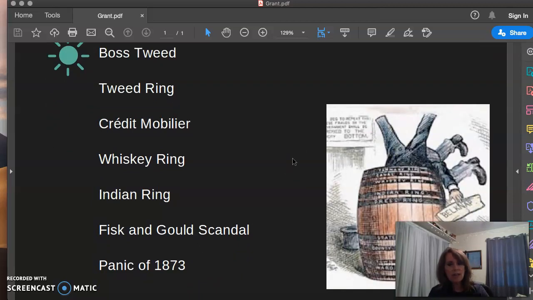All of these scandals will unfortunately result in the economic panic of 1873, in which the government's lack of controls and the economic problems lead to loss of jobs, lots of people losing their money in the banks, and all kinds of problems.